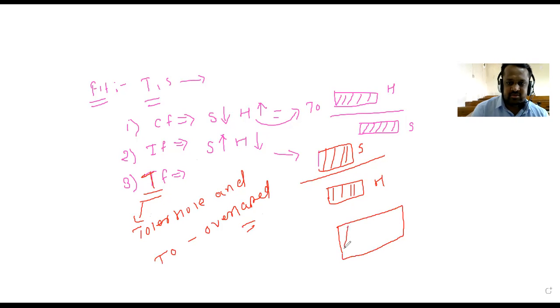Suppose this is the tolerance zone for the hole and this is the tolerance zone for the shaft. If both tolerance zones overlap each other like this, then we call it a transition fit.